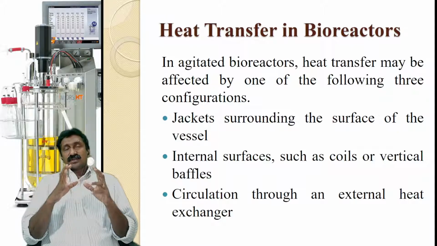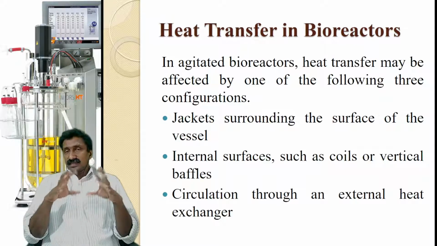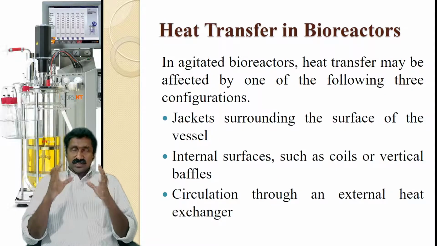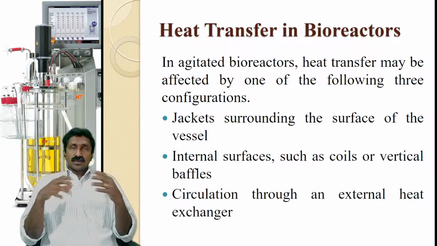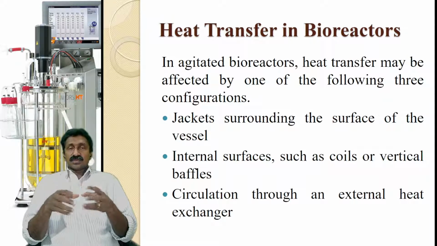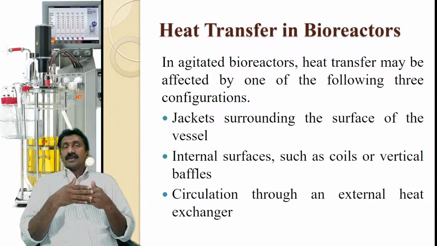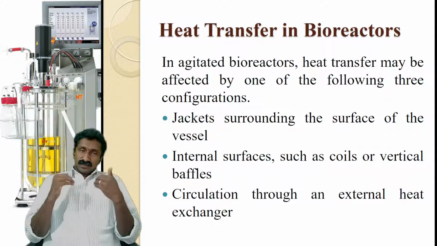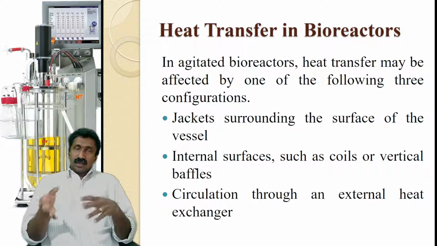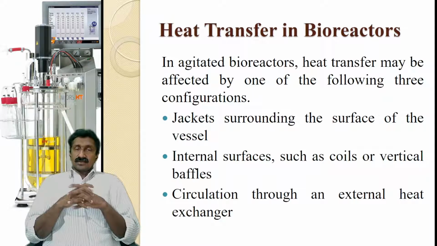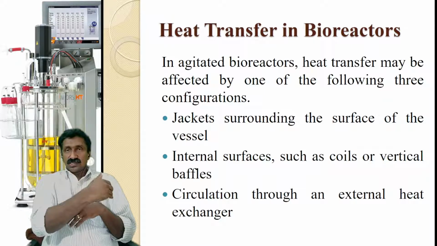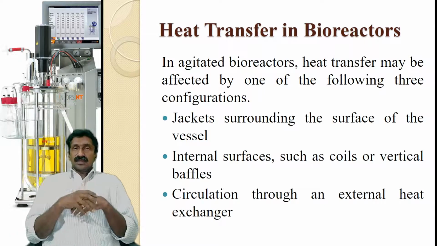So there are three different concepts. One is an external jacket surrounding the fermenter vessel. The second is internal surfaces provided by coils or vertical baffles within the container, in direct contact with the medium. And the next is a heat exchanger, where the medium is transported out of the vessel during the process, cooled using the external heat exchanger, and circulated back into the system.